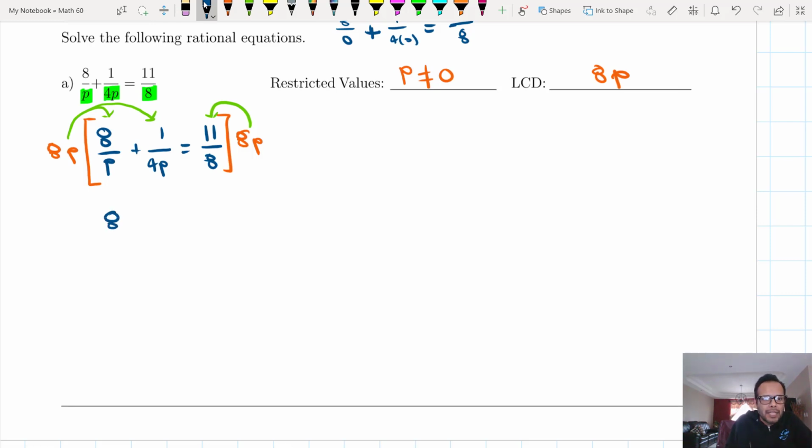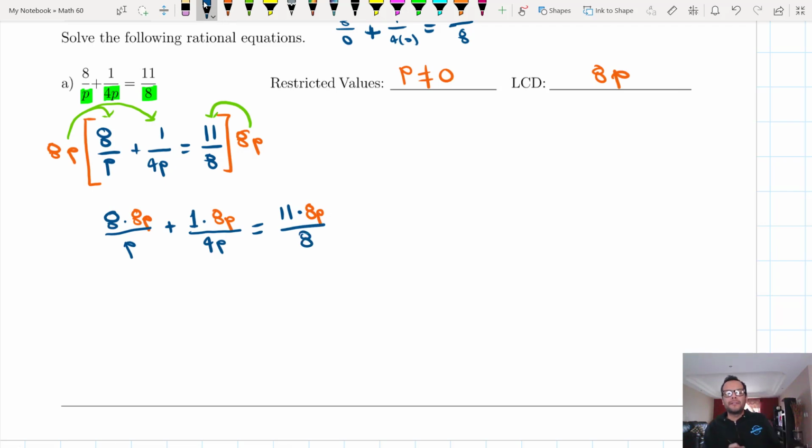So 8 times the quantity 8p divided by p, plus 1 that multiplies the quantity 8p divided by 4p. And then equal sign, 11 that multiplies the quantity 8p, and then divide that by 8.